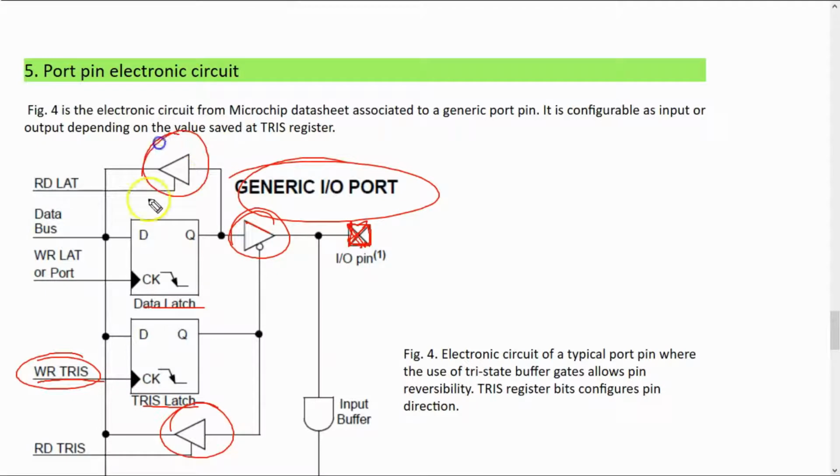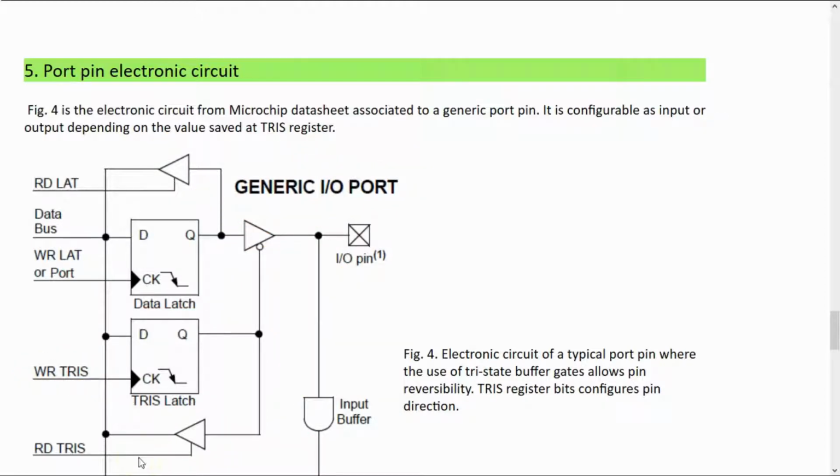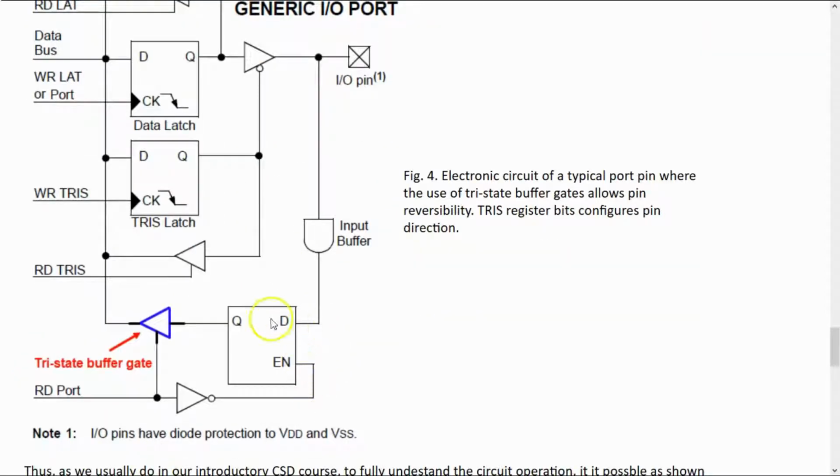You have many tri-state gates to fulfill the functionality of being able to send bits as an output, or, if this gate is blocked, you can capture the bit information and make it go through this input buffer to where? Well, to another latch, as you can imagine, or another flip-flop. So this is the circuit and this is the concept: the possibility to save what you are reading and the possibility to write what you are writing.